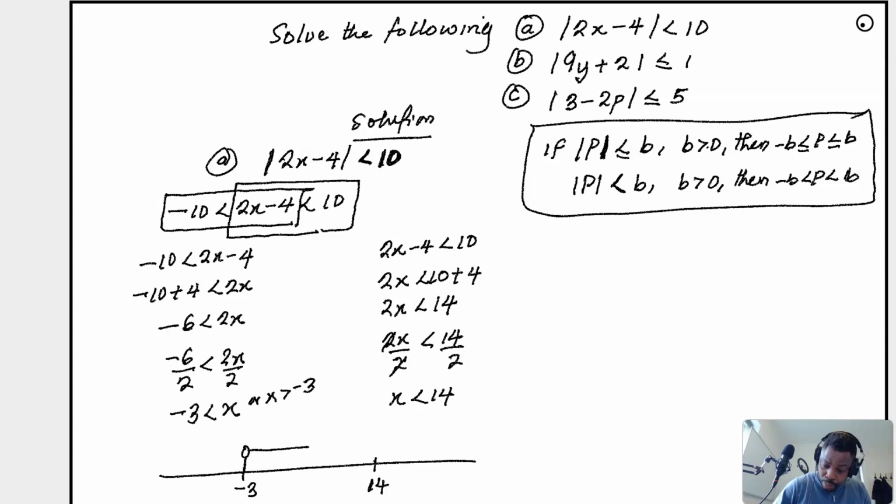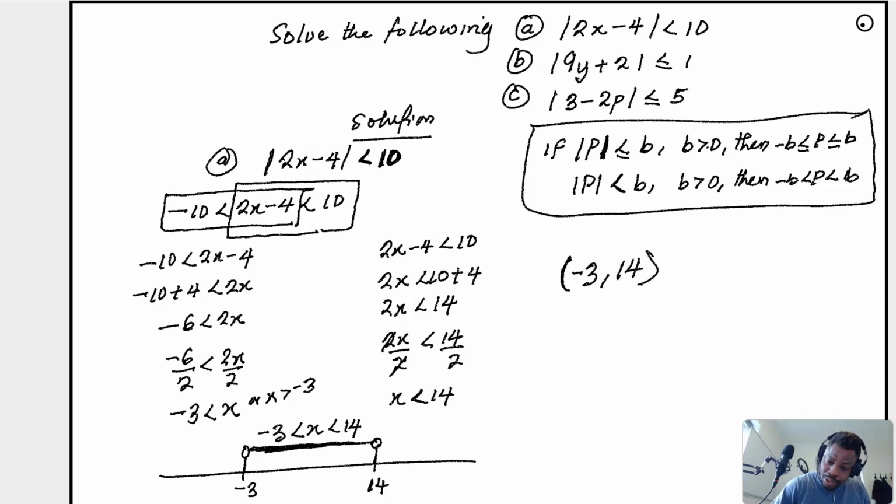This is open and it goes to the right. Here, x is less than 14. This is also open and it goes to the left. So you can see it's joining together. So it simply means minus 3 is less than x, which is less than 14. So my solution is minus 3 and 14.